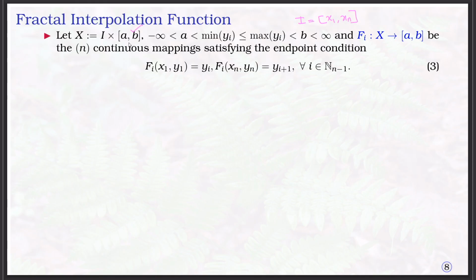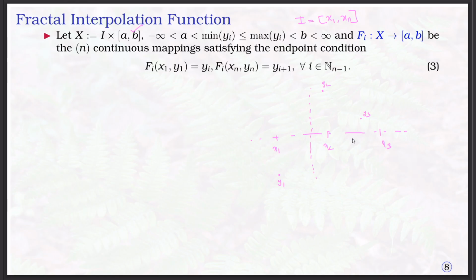Then what is [a, b]? Here a is less than the minimum of yi and b is greater than the maximum of yi. Why this condition? We are taking a and b particularly like this. Suppose this type of points are given. Suppose this is my x1, this is x2, this is x3, and my y1 is here, y2 is here, y3 is here.